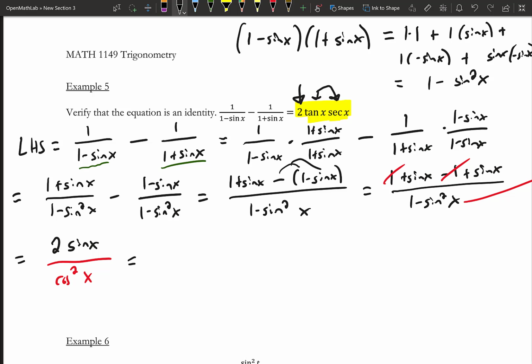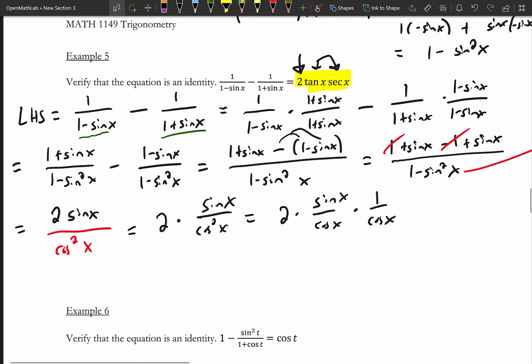So this is equal to 2 times sine over cosine squared x, and this is the same thing as 2 times sine x over cosine x times 1 over cosine x.